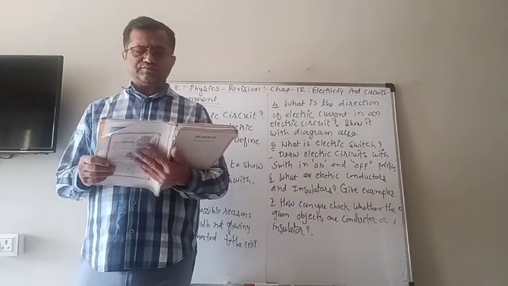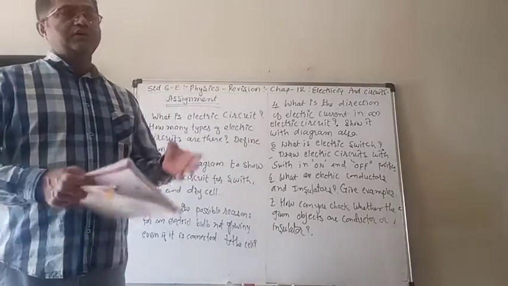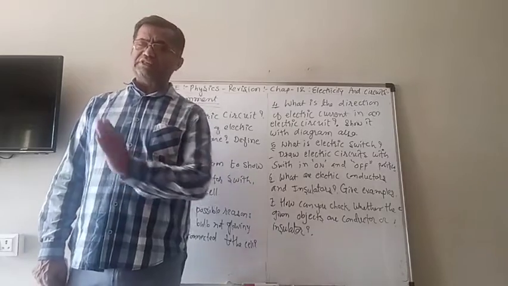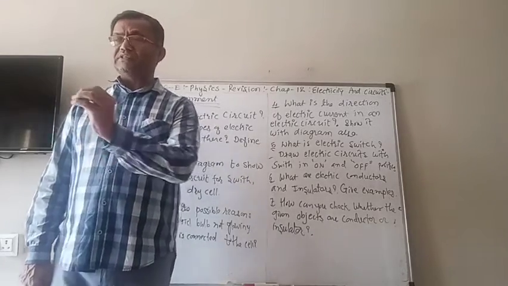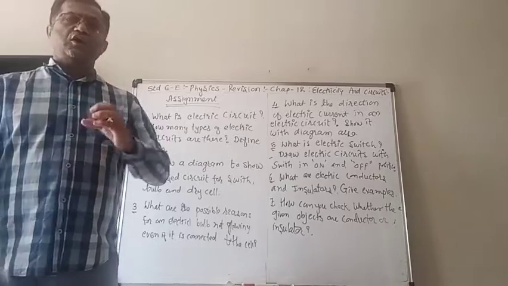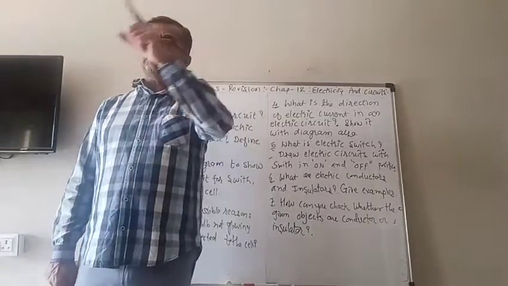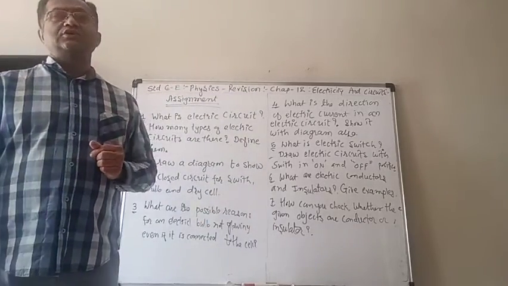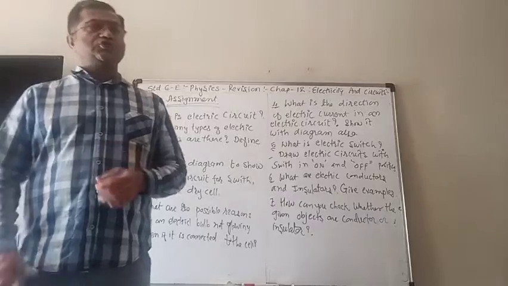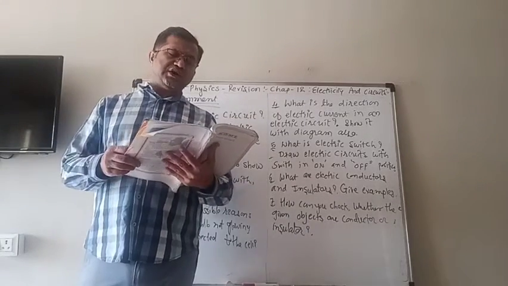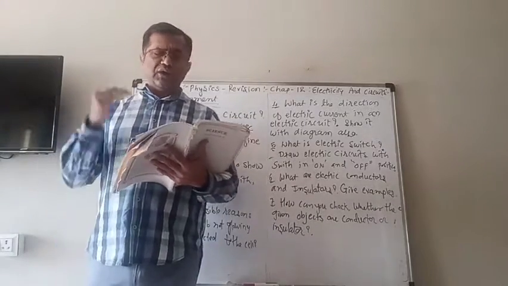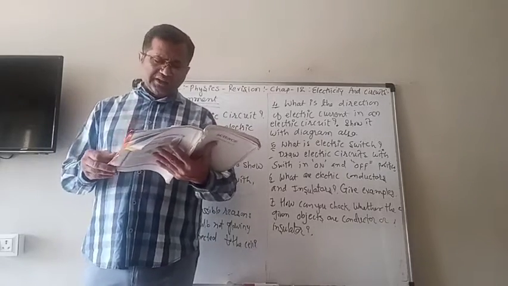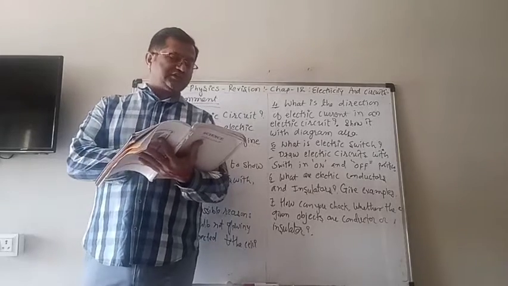When we connect the cell with wires, along with the battery, the bulb or switch or anything else, such that there is a continuous path to flow the current, that continuous path from one terminal to the other terminal to pass the current is known as the circuit.